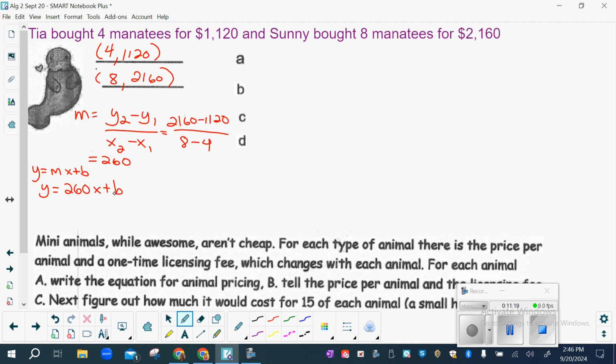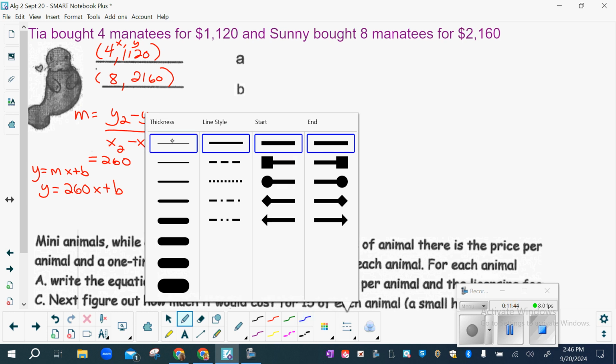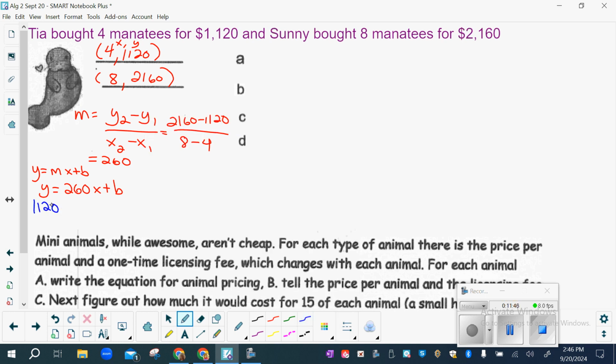And so somebody at this desk here, how do we find our b? Good. Which one do you want to use? Okay. So we're going to put 1120 in for our y and 4 in for the x.